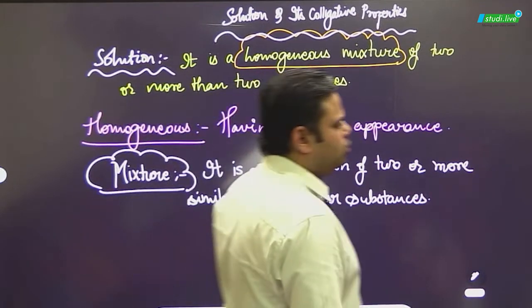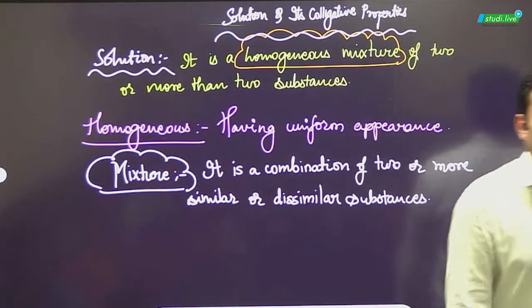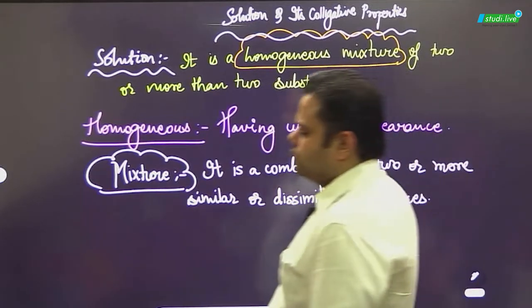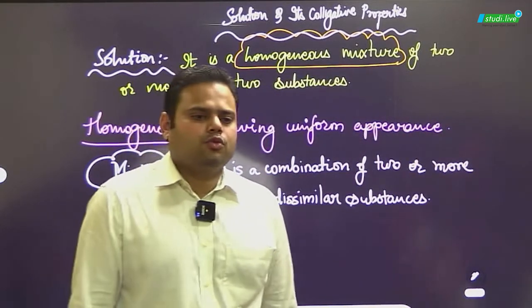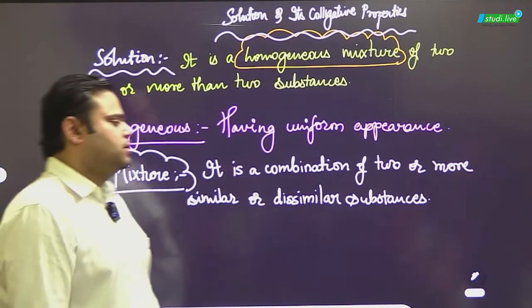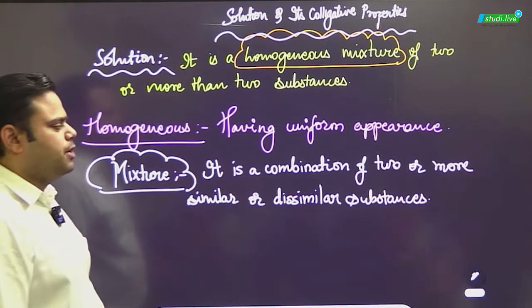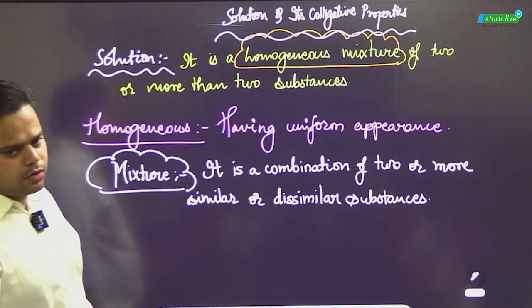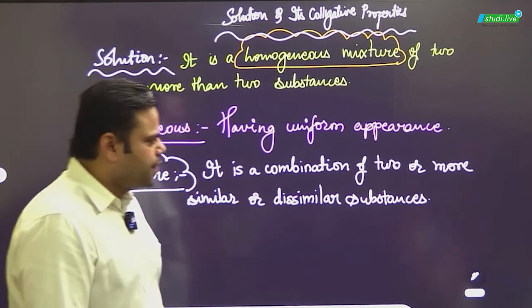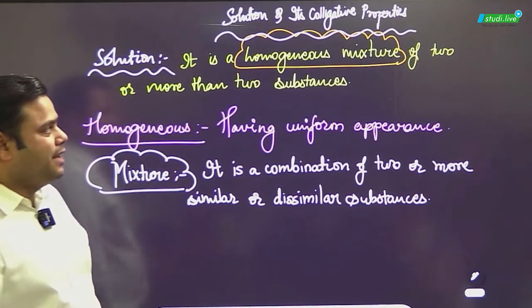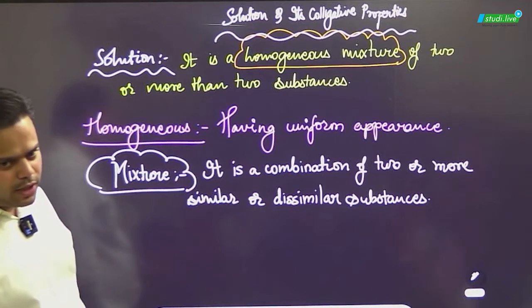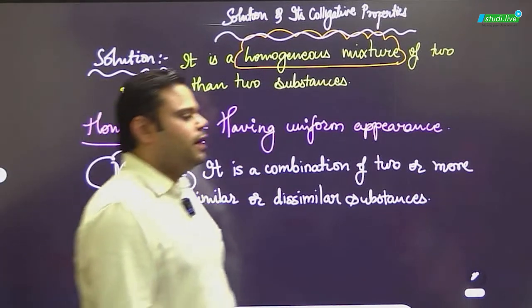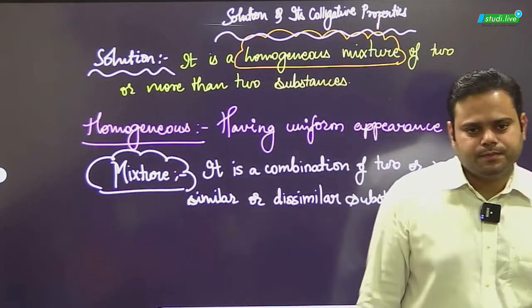Combination of two or more similar or dissimilar substances. Now, this combination will either give us a homogeneous result or it may give us a heterogeneous result.